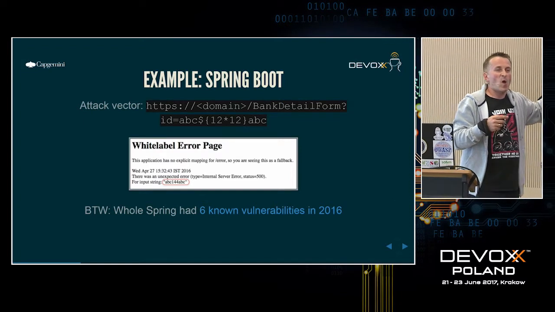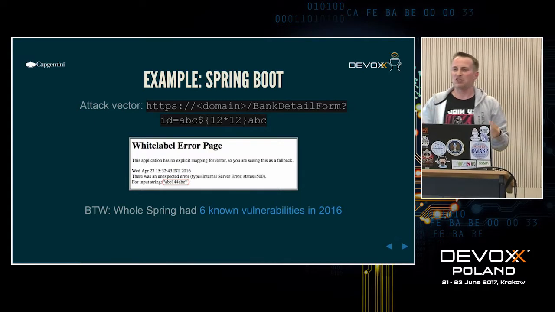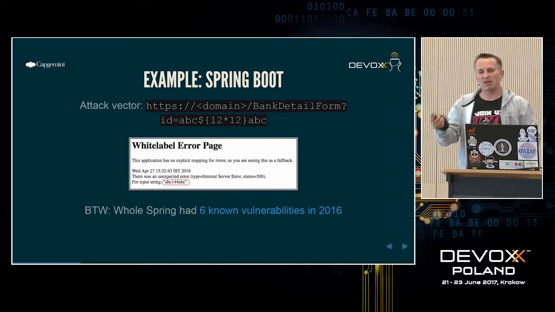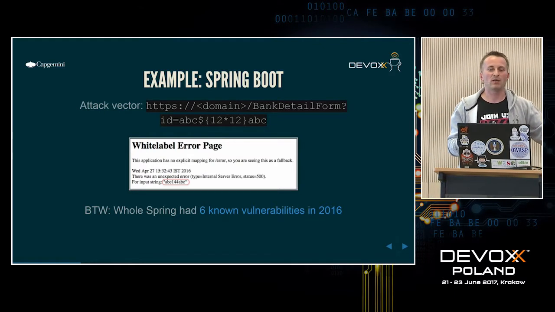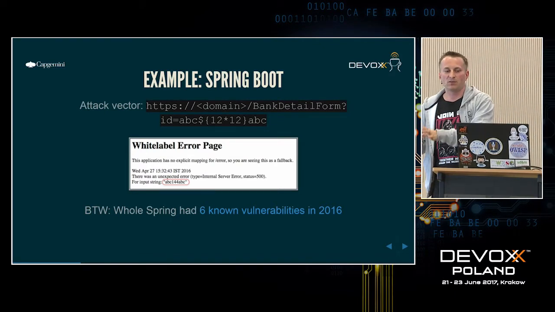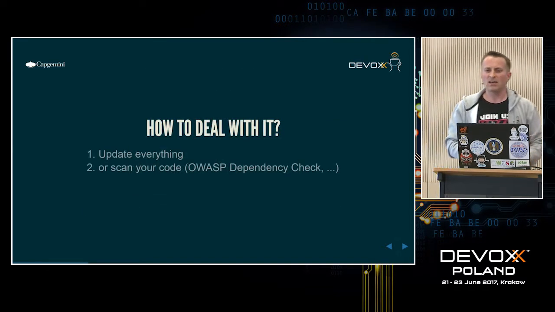Even security holes in Apache Commons can lead to an exploitation of your system. So it's not just the frameworks you need to care about, the other libraries as well. So how do you need to deal with this problem?